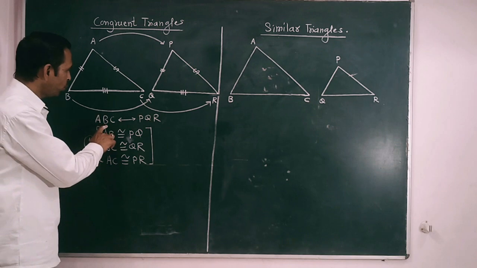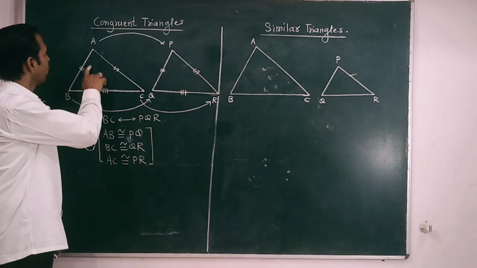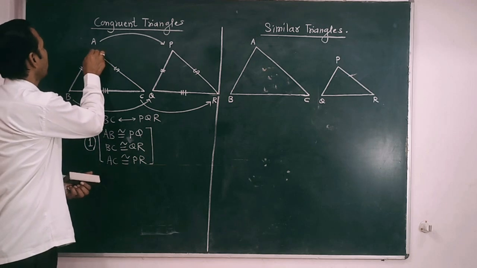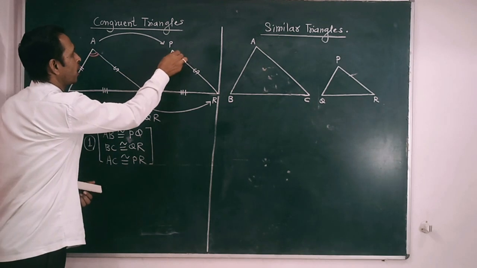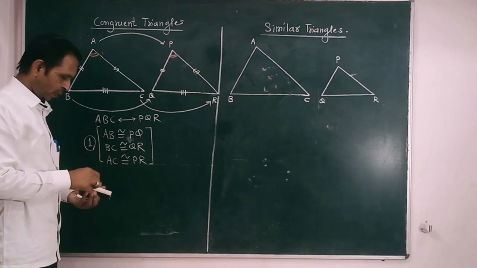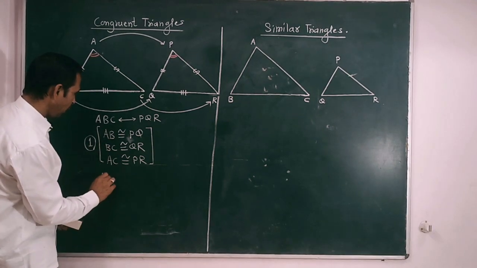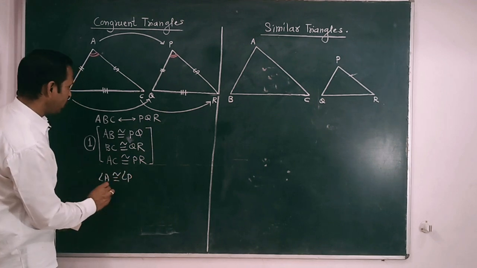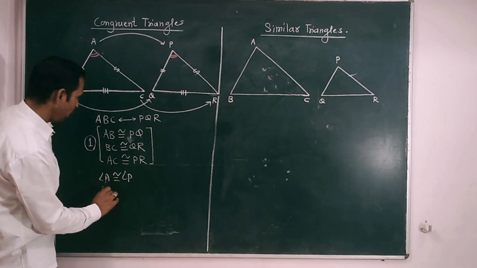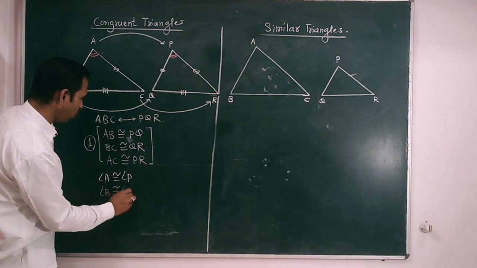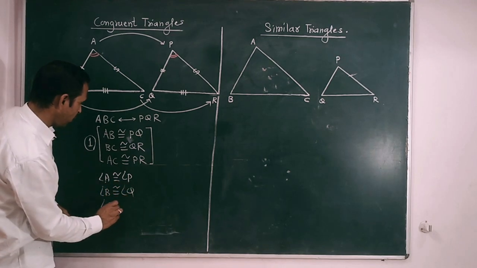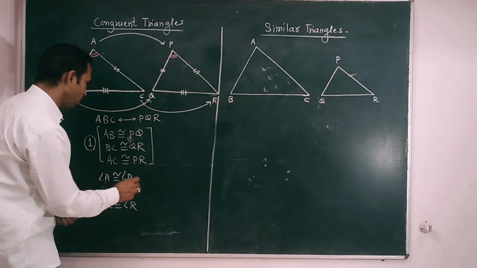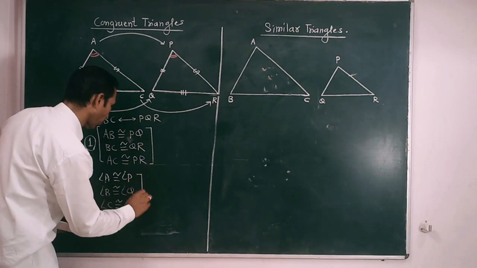And due to this correspondence, the corresponding angles are also congruent. Means angle A is congruent with angle P. Second, angle B is congruent with angle Q, and angle C is congruent with angle R. Now these are the 3 conditions.